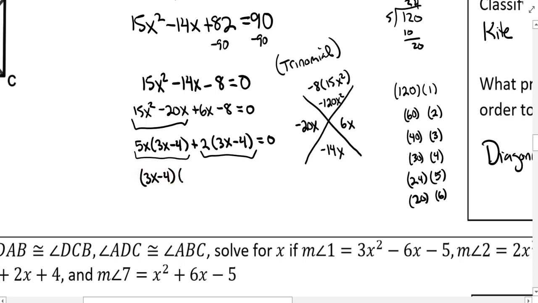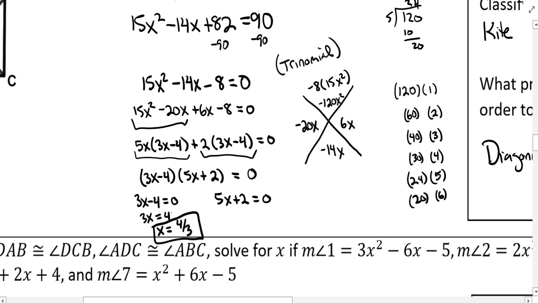What remains from the first term is 5x, and what remains from the second term is 2, and now it's fully factored. So then you take your factors, set them equal to 0, and solve. And we get x is 4/3, and x is negative 2/5.